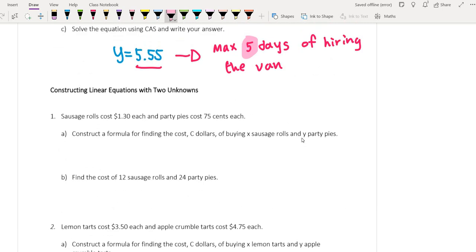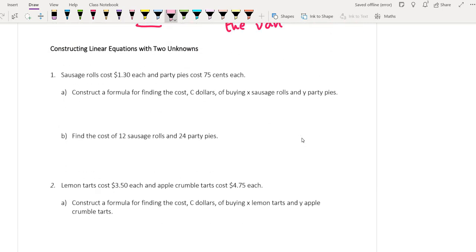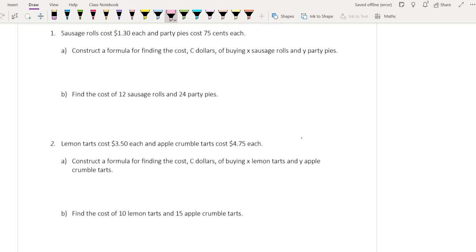Alright, we just have a couple more questions here. And now we're dealing with more than one unknown here. I'll show you how to do that when we work through this. So the first question says sausage rolls are this much, and then party pies are this much. And we're asked to construct a formula or equation for C, which is the cost of buying everything when we buy X amount of sausage rolls and Y amount of party pies.